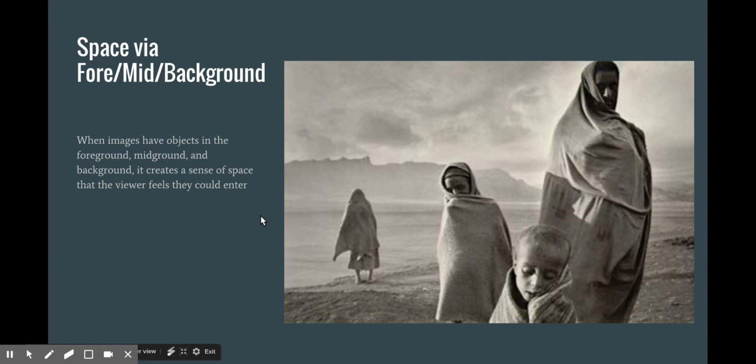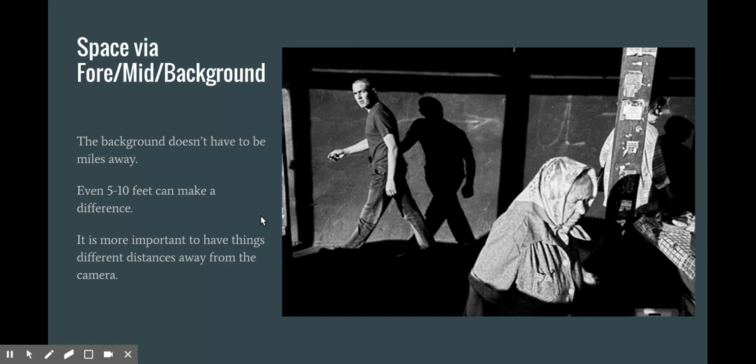It makes the viewer feel like they could actually walk in and around objects in our photographs. And that background does not have to be miles and miles away. Even if it's just 10 feet away, if we have things closer, in the middle, and farther away from us, it still gives the viewer a sense that they could go in and around objects.